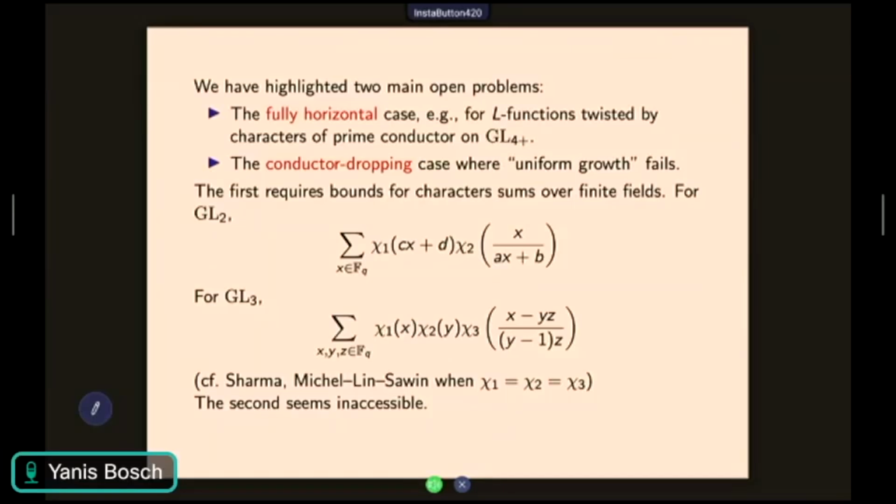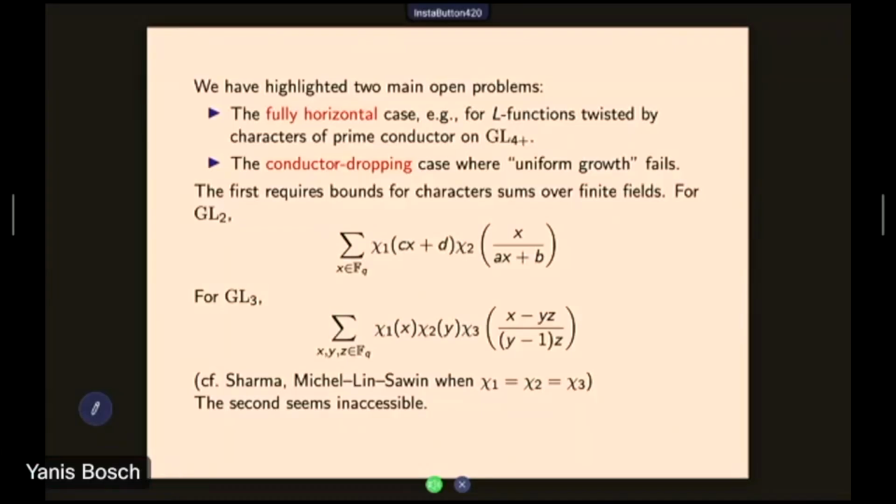The first of these open directions could conceivably follow from better character sum bounds over finite fields, much more complicated versions of the sorts of things pictured here that worked, in some cases at least, for GL2 and GL3. For GL2, this is just an easy application of Weil's bound. For GL3, this is a more involved analysis.